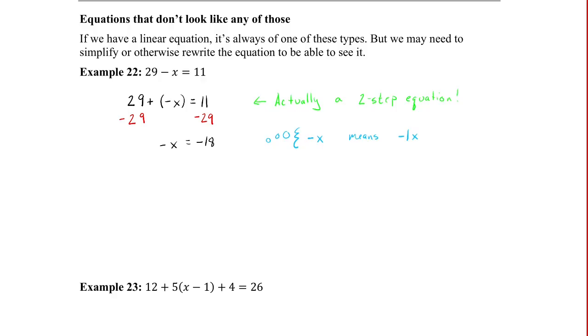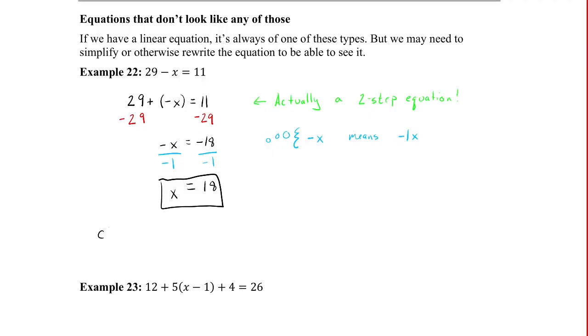And so in order to get x by itself, we need to divide both sides by -1. On the left, -x divided by -1 will be just x by itself. On the right, -18 divided by -1 will be +18, which gives us x equals 18 as our solution.